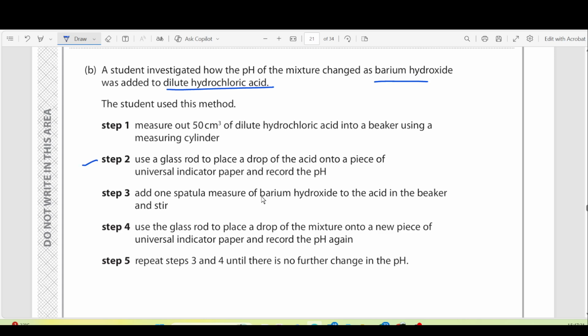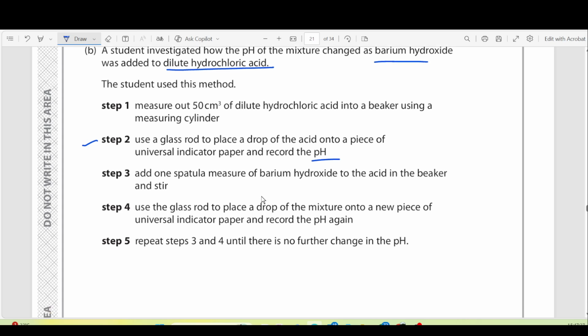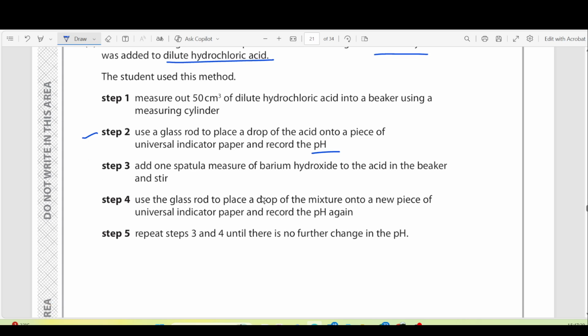Step 2: use a glass rod to place a drop of acid onto a piece of universal indicator paper and record the pH. Then add one spatula measure of barium hydroxide to the acid and stir with the glass rod. Use the glass rod to place a drop of the mixture onto a piece of universal indicator paper and record the pH again.